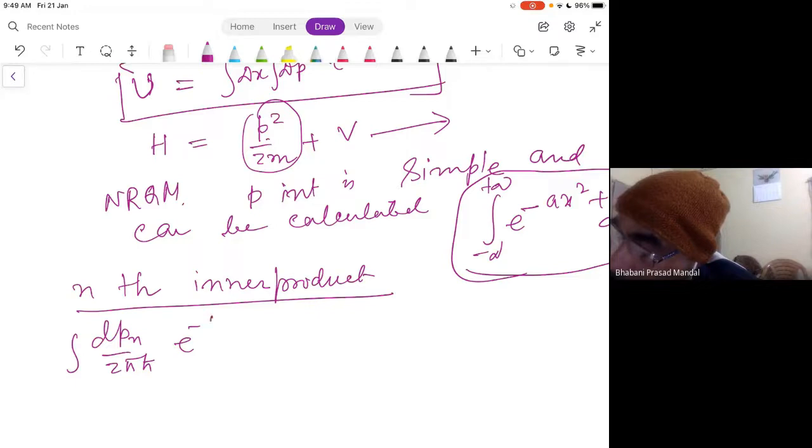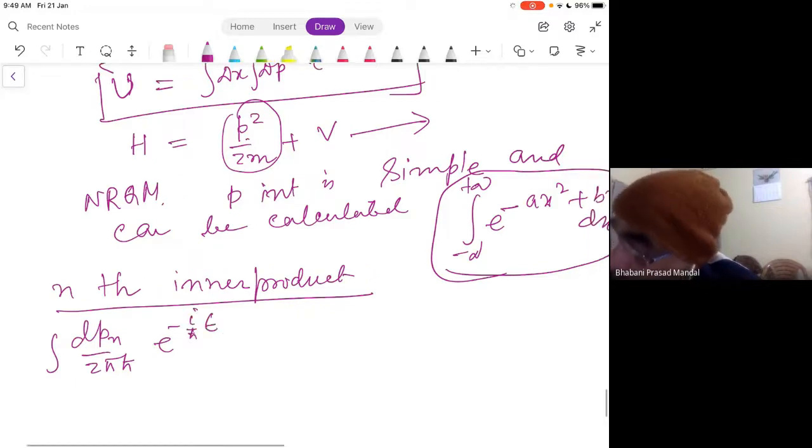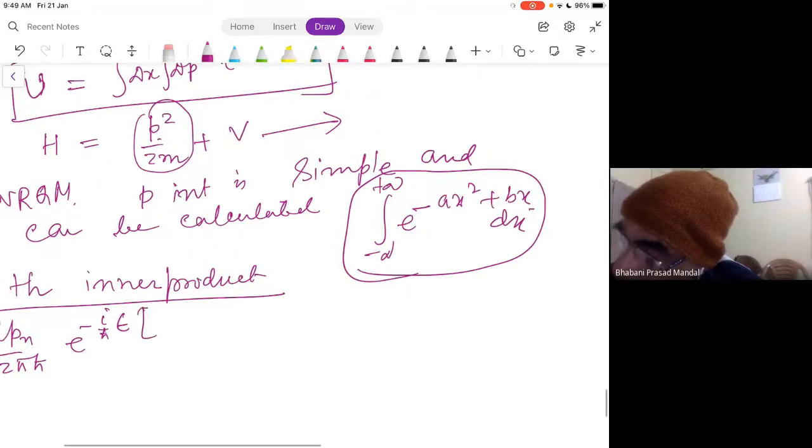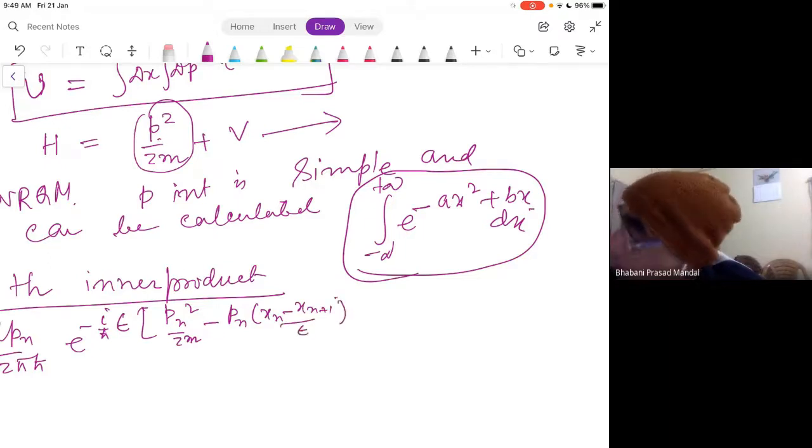So this was the nth inner product, e to the power minus i h cut epsilon, and H I'll write now. H is now Pn square by 2m minus Pn times xn minus xn minus 1 by epsilon, and there will be a V of xn plus xn minus 1 by 2, assuming that it is only a function of x.